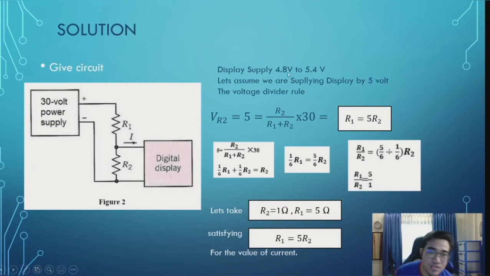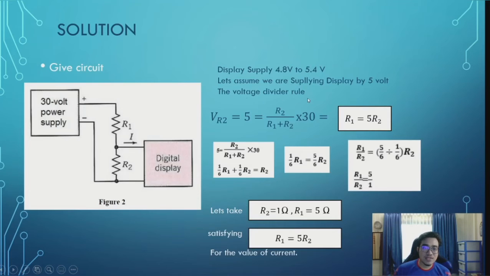I want to show you my solution to question A. The figure gives a circuit where the display supply is 4.8 volt to 5.4 volt. So let's assume we are supplying the display with 5 volt.